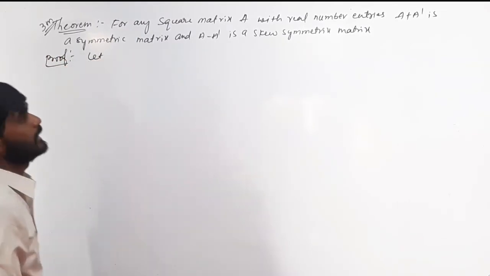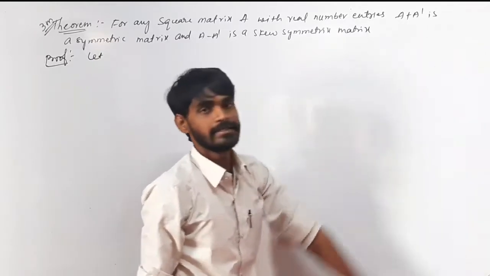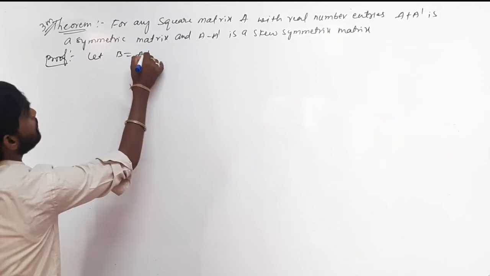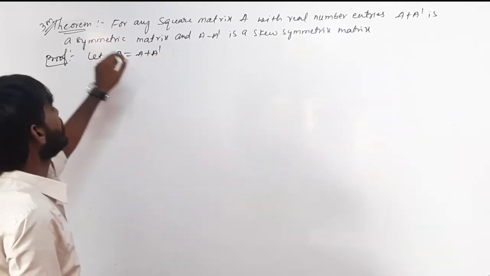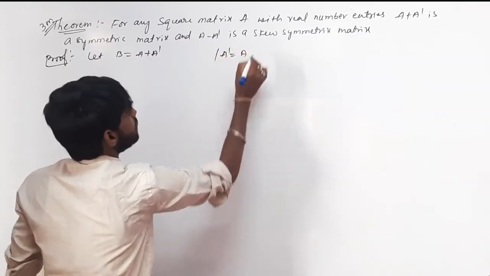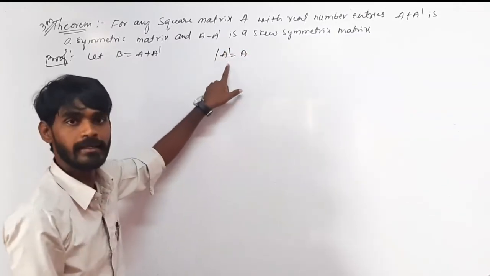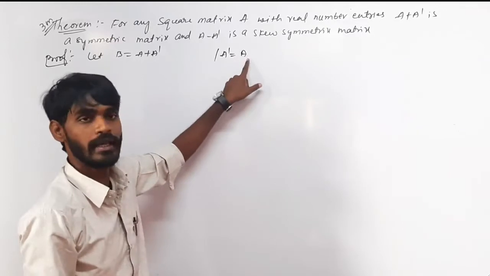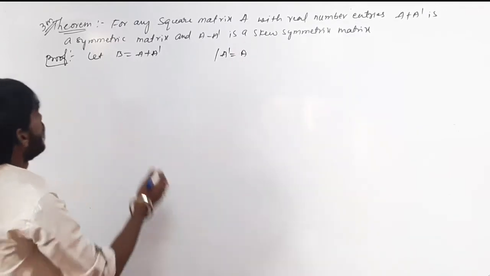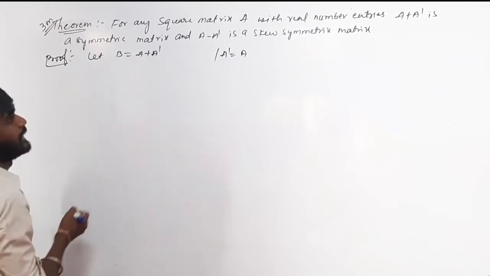Let B be equal to A plus A dash. Symmetric matrix means, we know that A dash is equal to A, where A is any square matrix. If A dash is equal to A, it is called a symmetric matrix. Same thing, now I am applying the transpose.